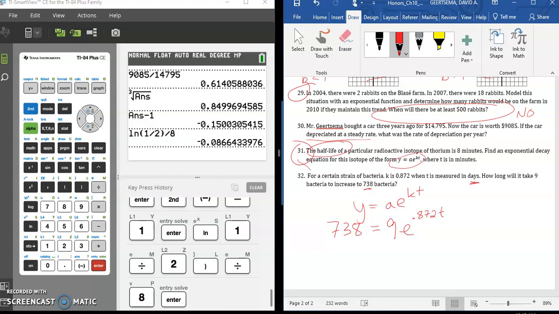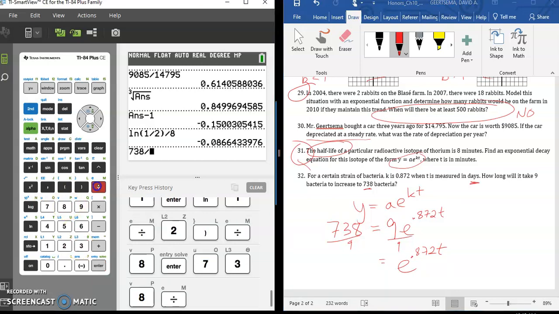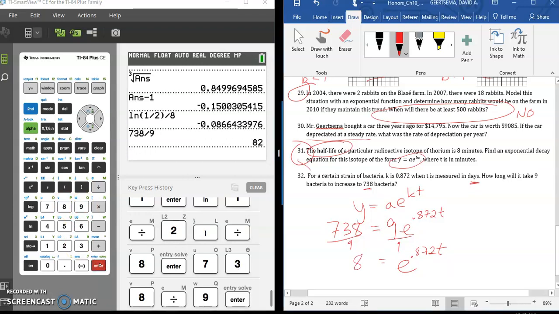This is where we're going to need our logs or logarithms. Okay, so I divide by 9 on both sides, and I get e to the 0.872t is equal to 738 divided by 9. So I get 82. Okay, now how do you get rid of an e?